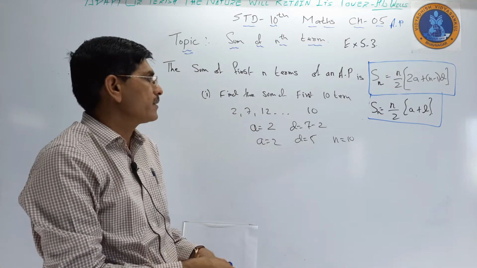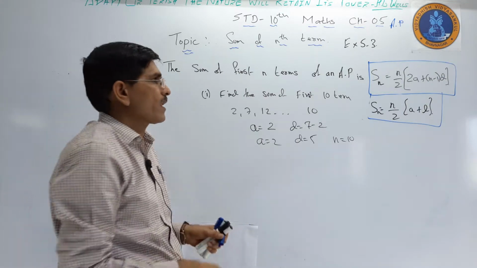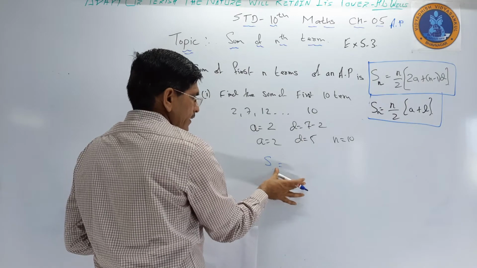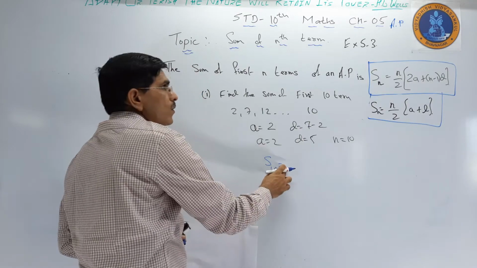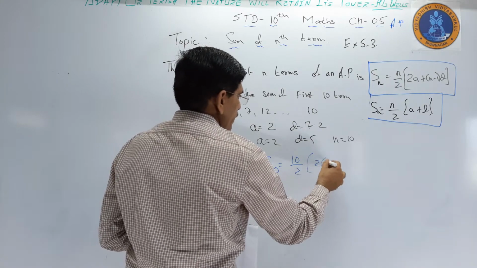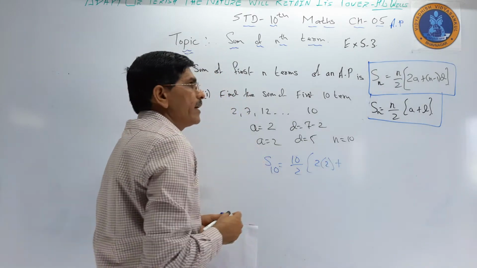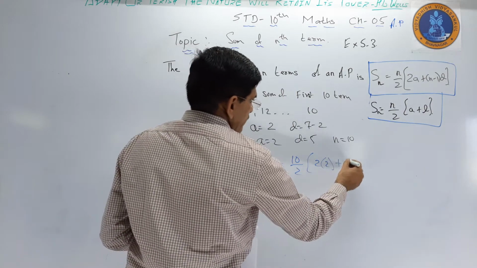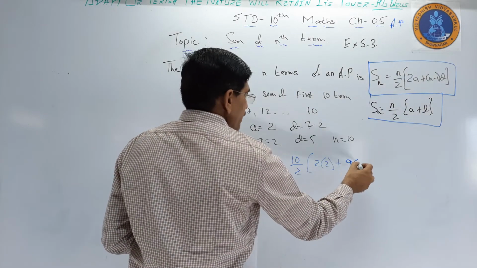By applying formula of Sn, Sn is equal to n by 2, so 10 by 2, 2 into a plus n minus 1, so 10 minus 1, that is 9, into d, that is 5.